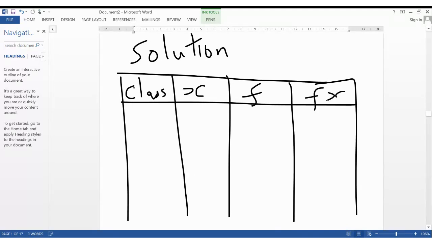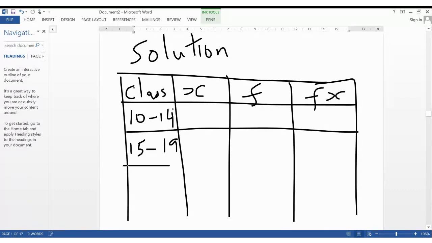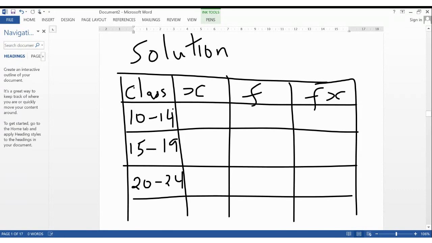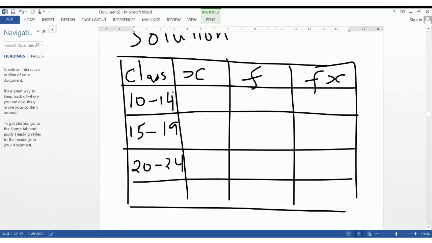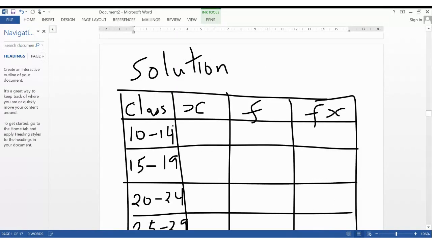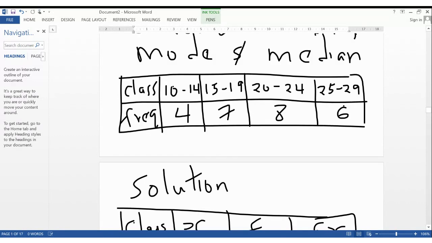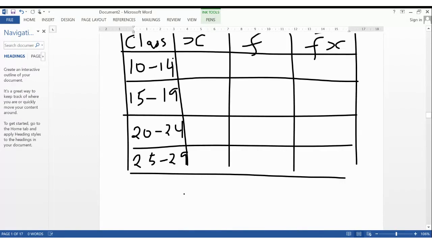So I have 10 to 14, 15 to 19, 20 to 24, and finally 25 to 29. The frequencies given were 4, 7, 8, and 6.